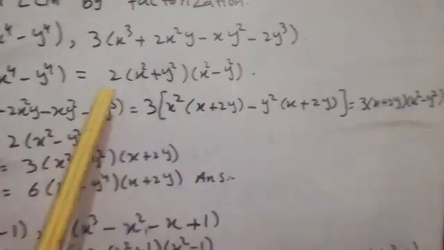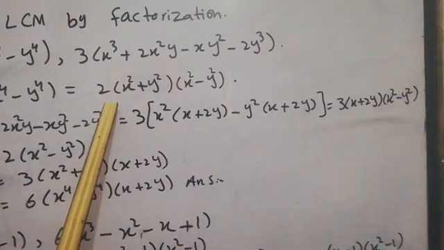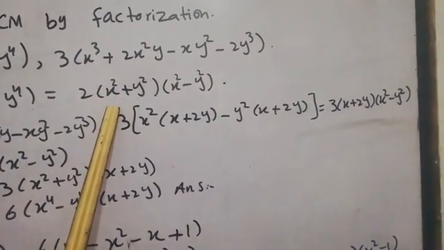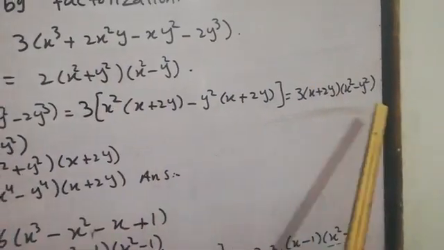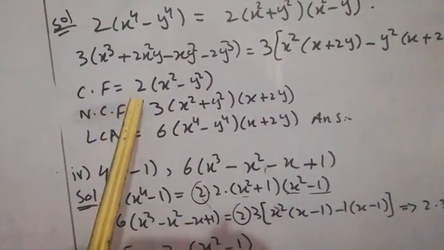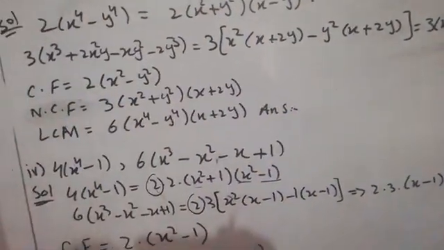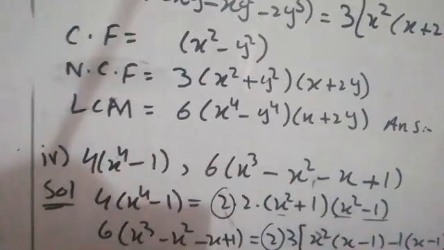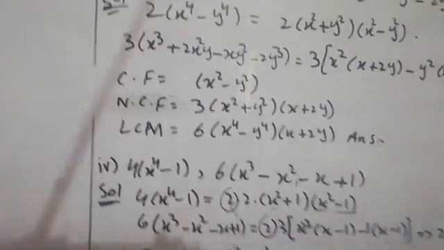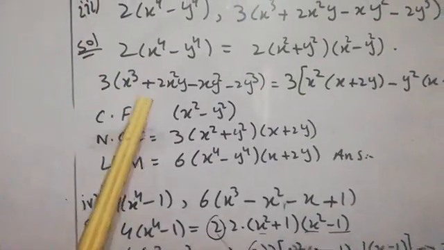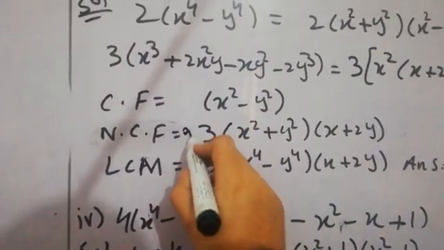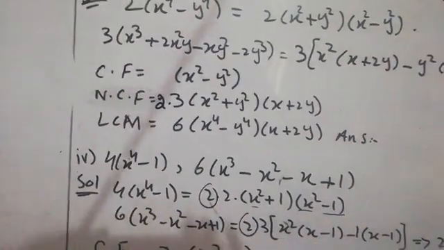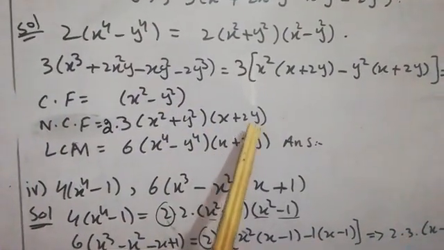Now we will find the common and non-common factors. The common factor is x square minus y square in both expressions, and the non-common factors are 2 into 3, x square plus y square, and x plus 2y.